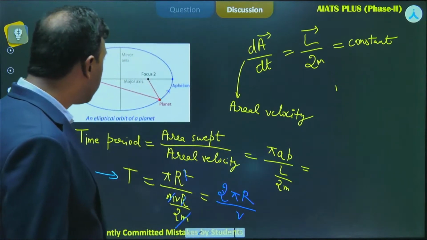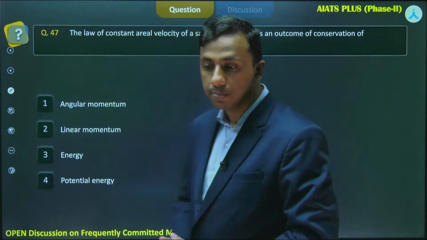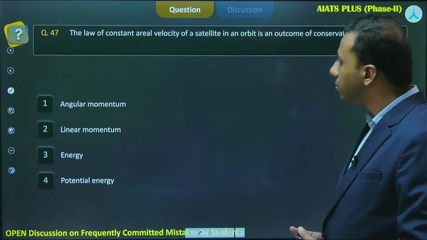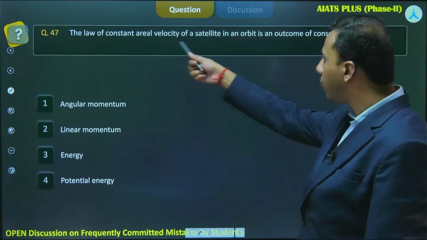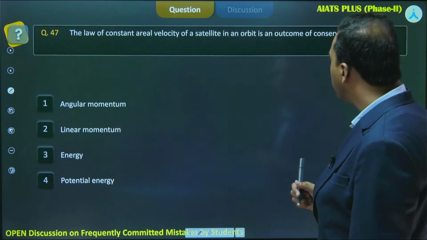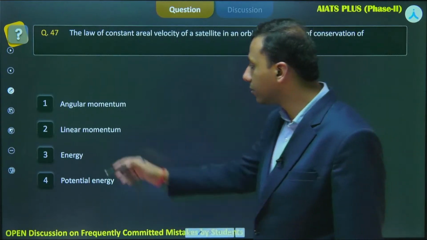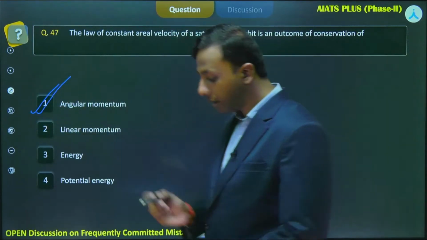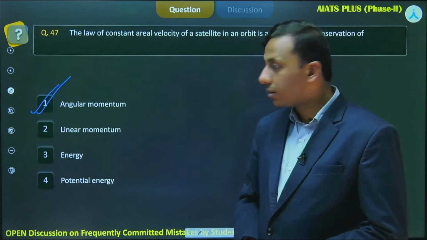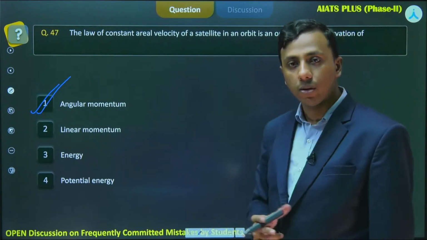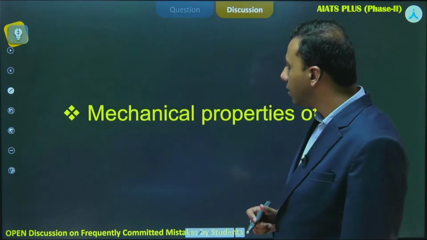Anyway, let's come to this one. We did this last time, literally the same question. The law of constant aerial velocity of a satellite is an outcome of conservation of angular momentum. This is constant, that is why aerial velocity is constant.